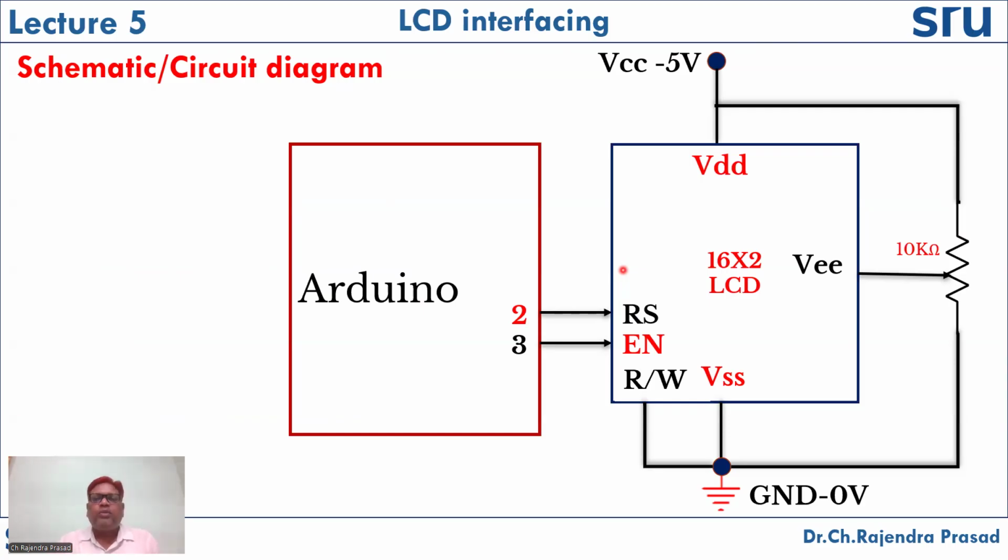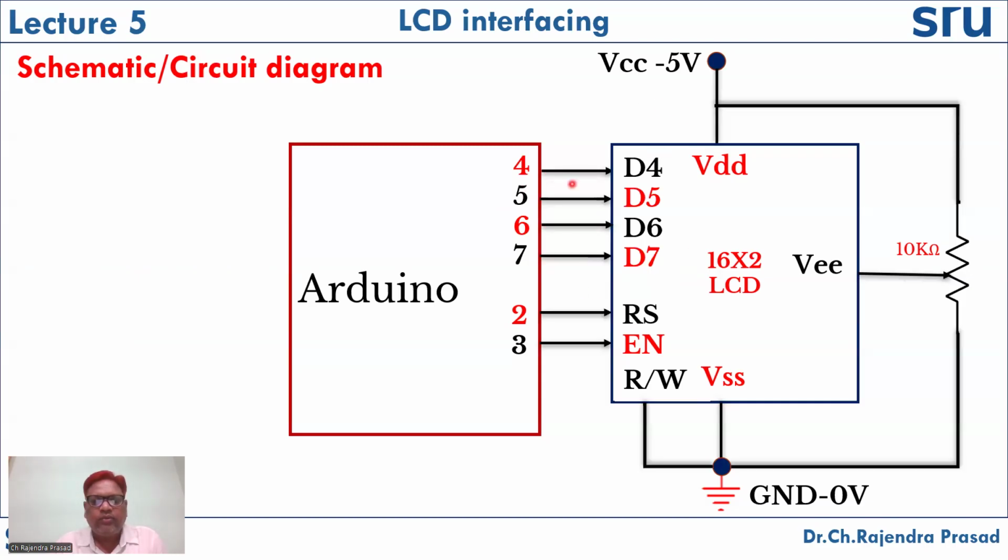In 4-bit mode, we normally use D4 to D7 only, and D4 to D7 pins normally require binary information. So I'm considering the fourth pin, fifth pin, sixth pin and seventh pin of the Arduino. These lines are connected to the D4 to D7 lines of the LCD.